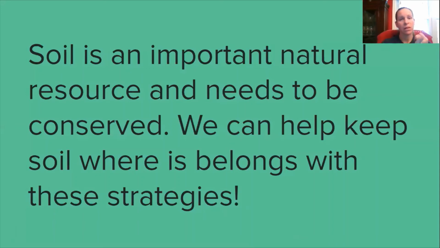We can plant plants so that their roots hold on like fingers onto that soil to keep it from washing away. We can put rocks in the place of plants if the plants aren't really growing well, because the rocks can stay in place and slow down the flow of that water coming through and keep it from taking the soil with it. We can build a retaining wall so that we can keep the soil behind the wall and not let it go past the wall.